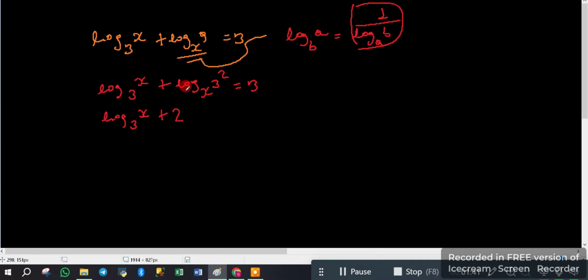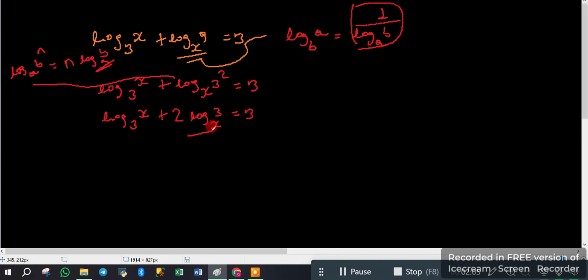If log b base a to the power n, you could write it as n times log b base a. So just like that, 2 log 3 base x is equal to 3.